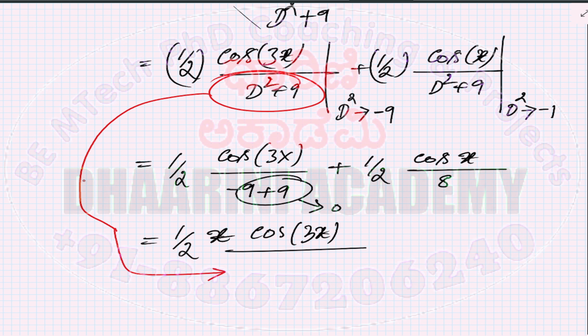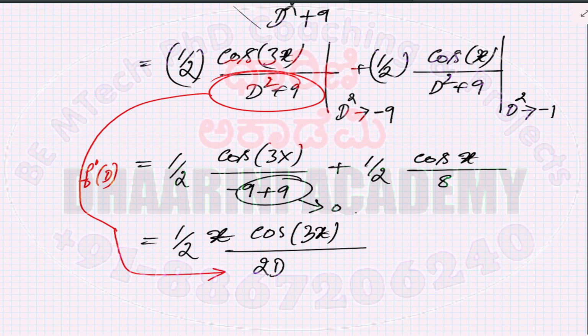I write f dash of d should come over there, d square is there. So when you differentiate d square with respect to d, this is 2d. So that means this is 2 times d. The 9 has a differentiation which is 0, so I don't have that.